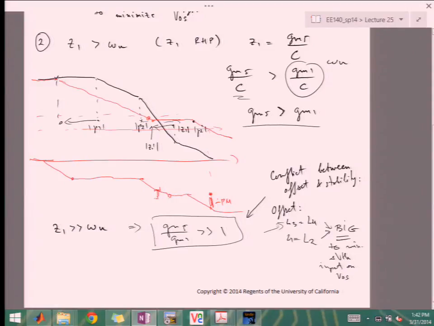Then we also have that L3 is equal to L4 equals L5 because of the systematic offset. So what that means is that we also want L5 to be big.